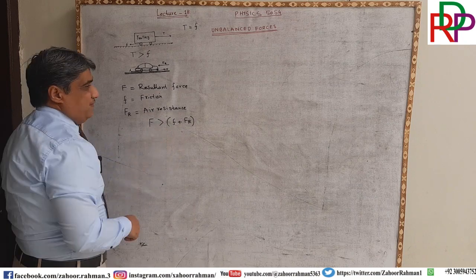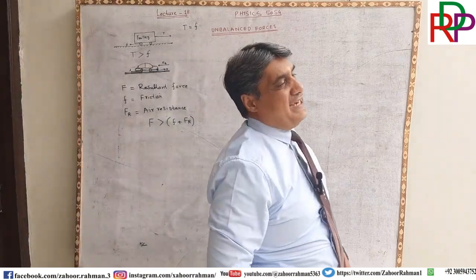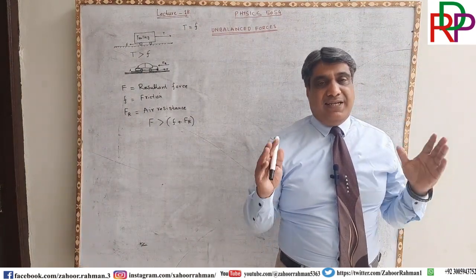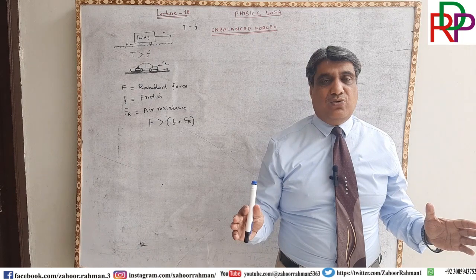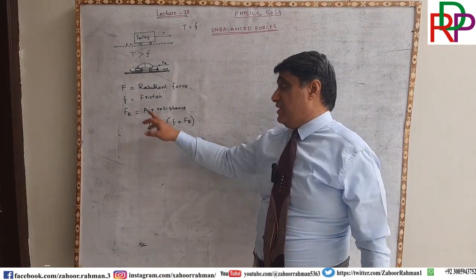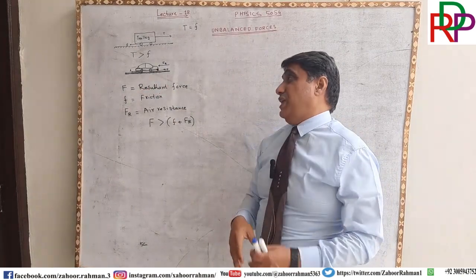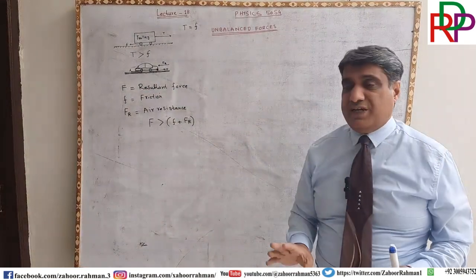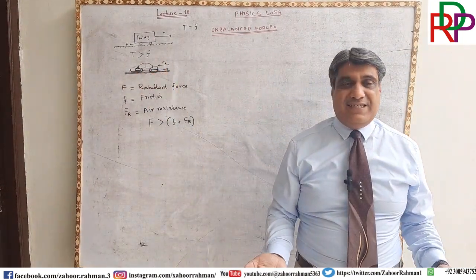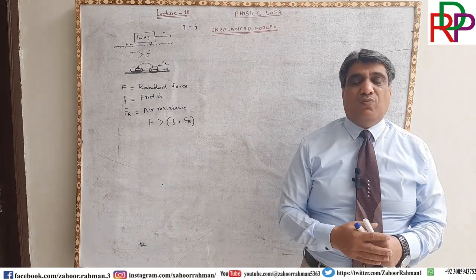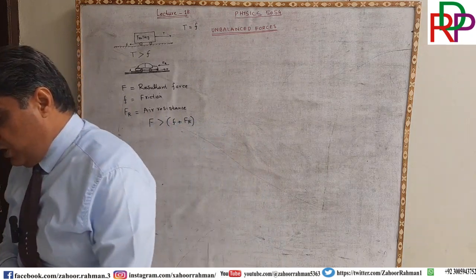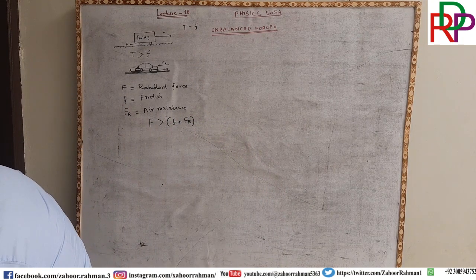So there will be a resultant force acting on this car, and the car will accelerate towards the right because greater force is acting in this direction. The force must overcome the force of friction and the force of air resistance, otherwise the car won't be able to move. That was the whole story about this unit.